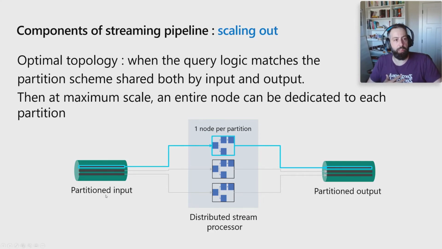Of course, I need to know as a consumer, but the producer, the application that's writing to that partitioned Event Hub, needs to know about that too, because it's the producer that will respect the partitioning scheme when they send data to it. So it's kind of a contract between you as a consumer writing your Stream Analytics job on top of that Event Hub and the producer writing to that table.